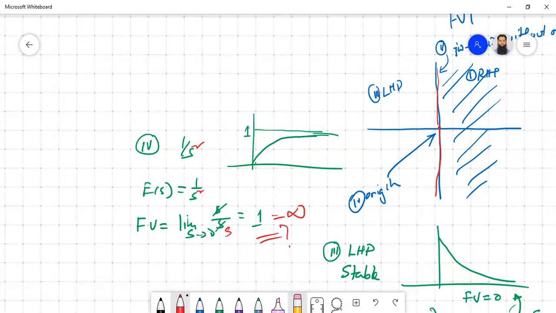So the validity condition is that all the poles have to be in the left half plane, and at most one pole can be at the origin. If you have multiple poles at the origin, the output goes to infinity, so the final value theorem cannot be applied in that scenario.